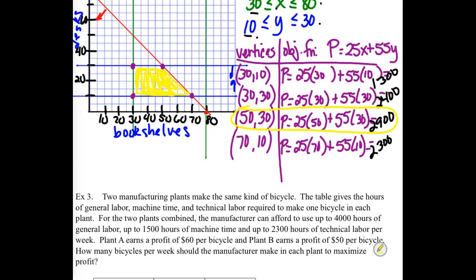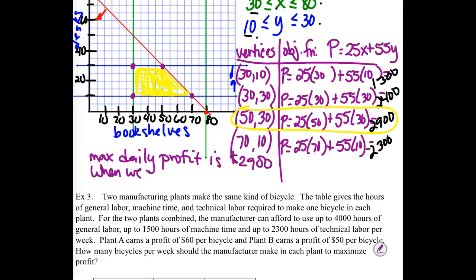So we would write down our maximum daily profit is $2,900 when we make what? 50 bookshelves and 30 desks. Okay?